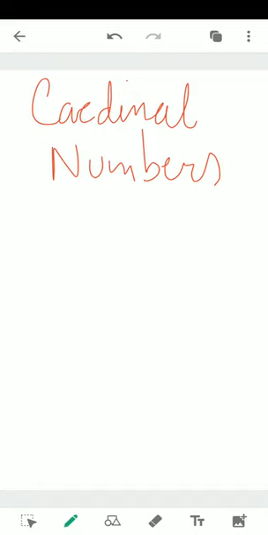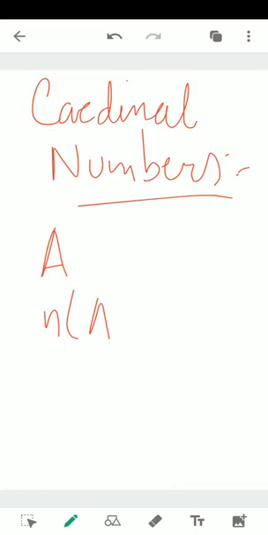So I'll define cardinal number as well. The number of distinct elements in a finite set is called its cardinal number. I repeat, the number of distinct elements in a finite set is called its cardinal number, and it's always written something like this. If A is the set of students in class 8C, then n(A) will give me the number of students, that is 21.